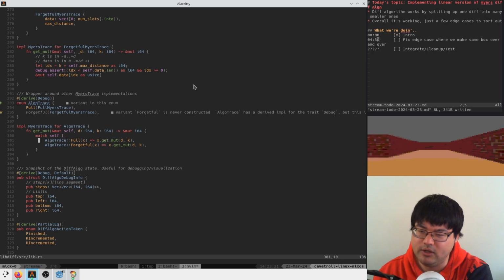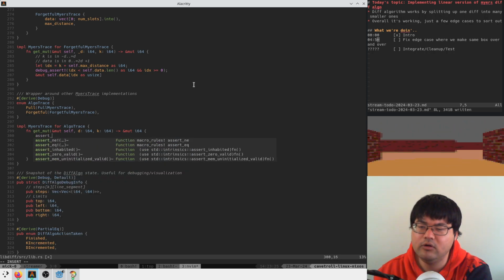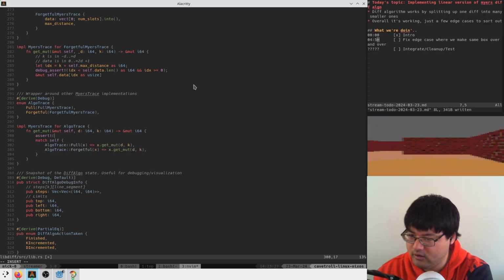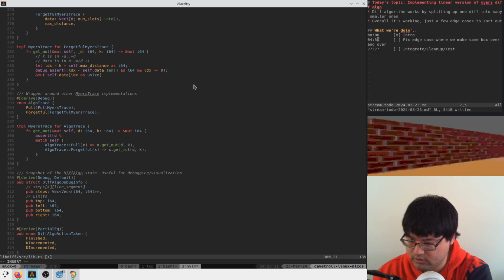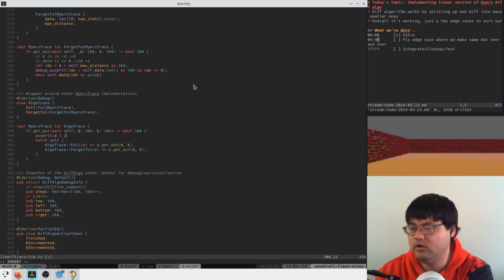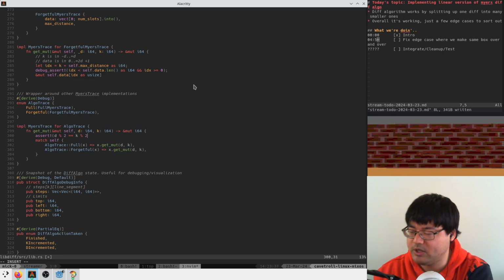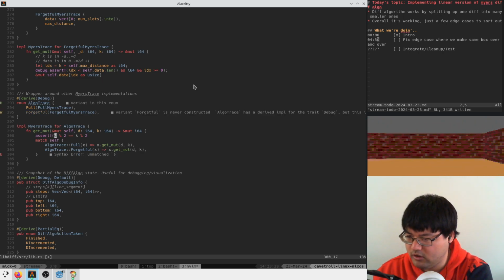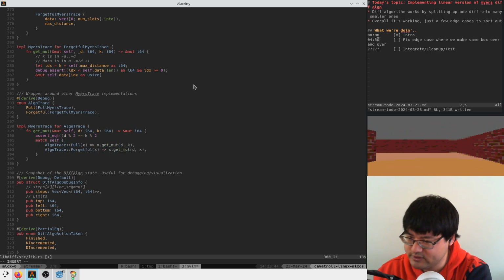So maybe what we should do here is add an assert that D%2 is equal to K%2. That should make sure that we're always matching our evens and odds.